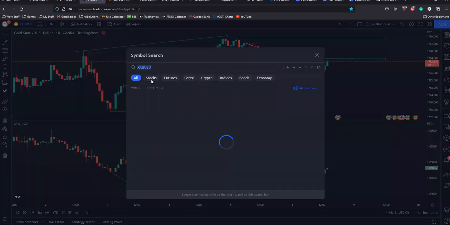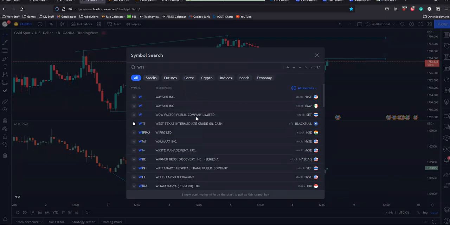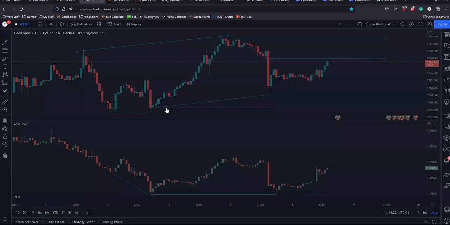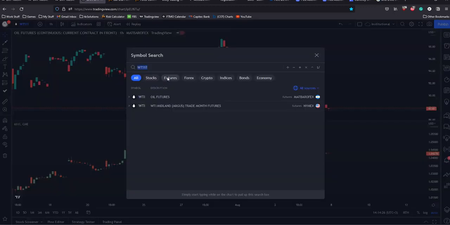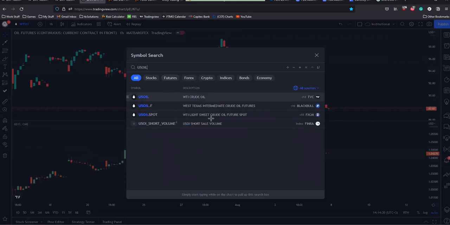So for example, if I had to say WTI, who here trades oil? This one's a bit choppy, so let's just say US oil. Does anyone trade oil?